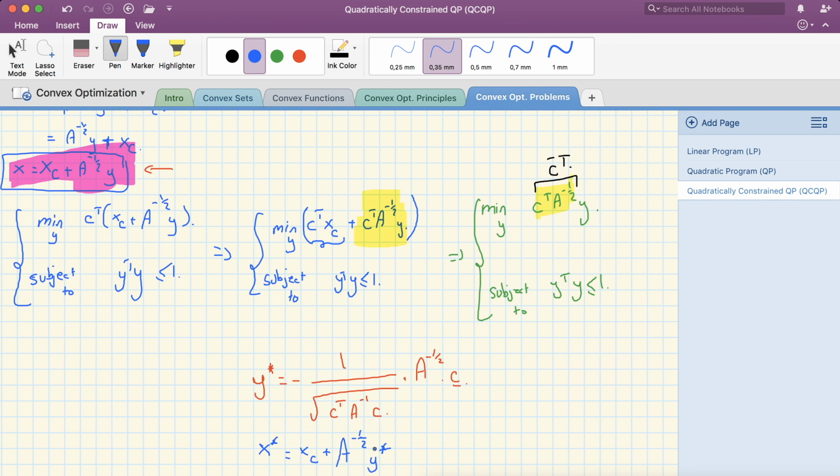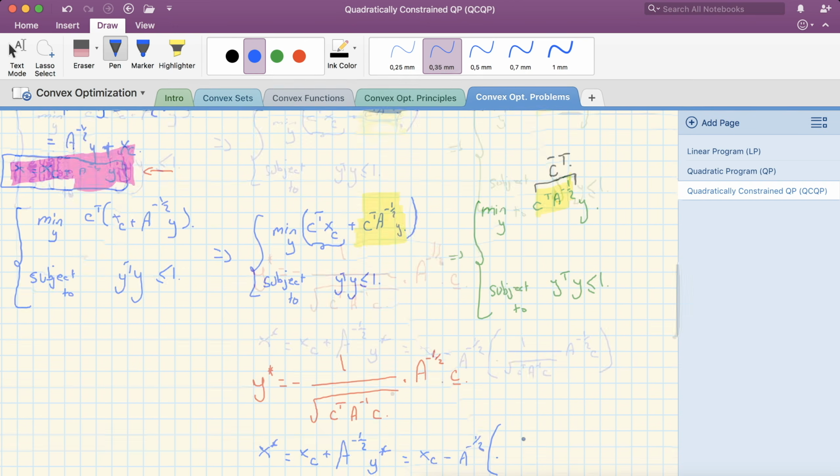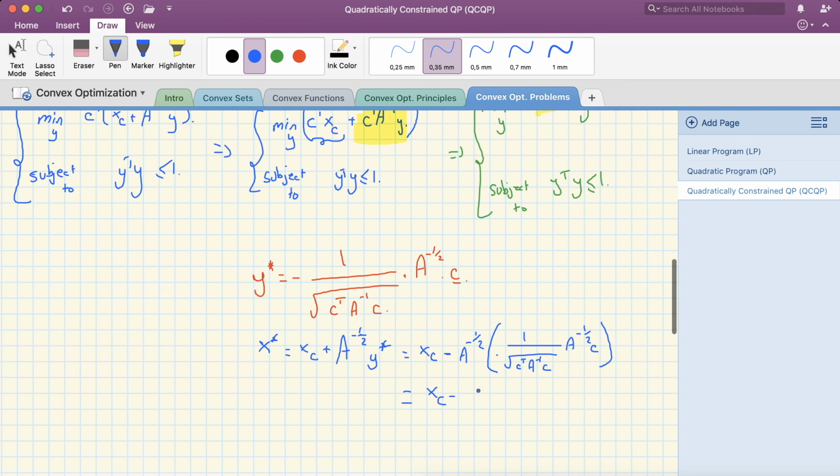Now replace the y star right here, you get xc plus A minus half all this guy right here, which is minus. So this minus goes out here with everything inside, and hence you get xc minus this guy, a scalar. So push it out here. A minus half twice leaves us with A minus 1 times c, right? And there you go. This is your solution.